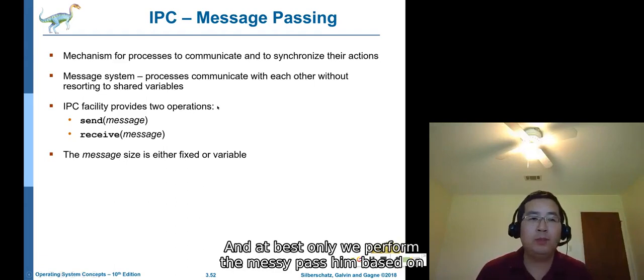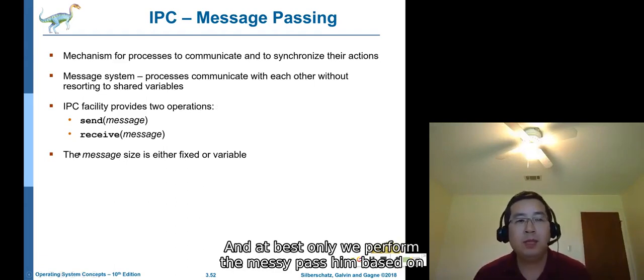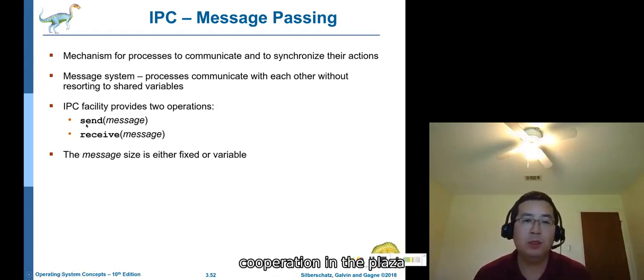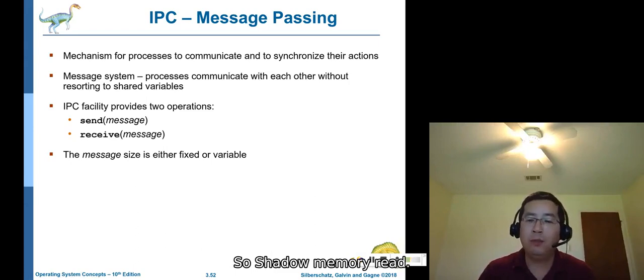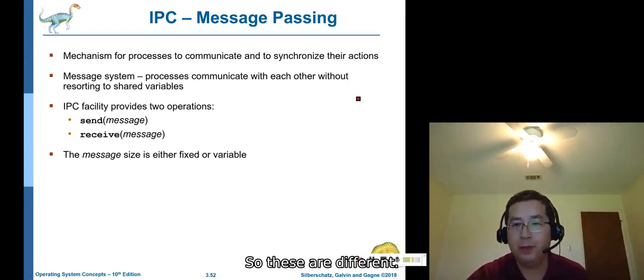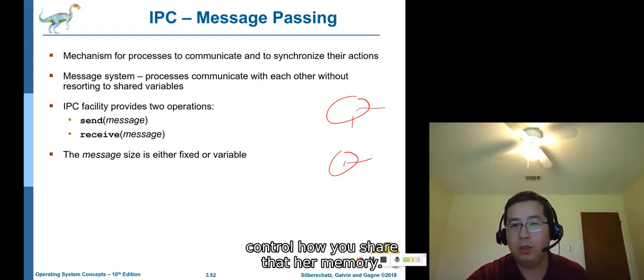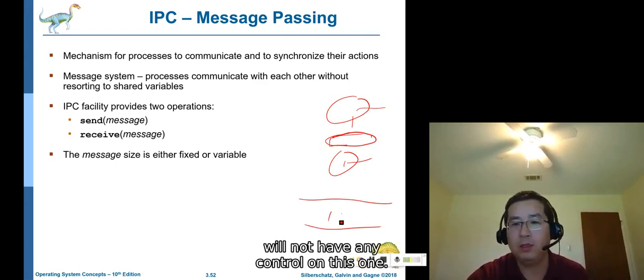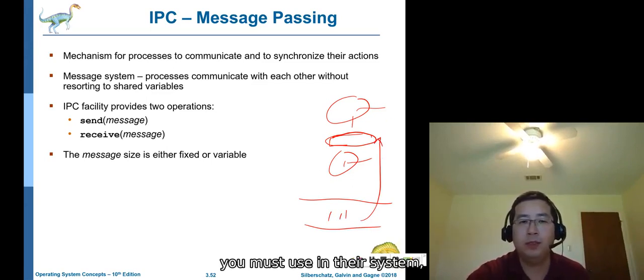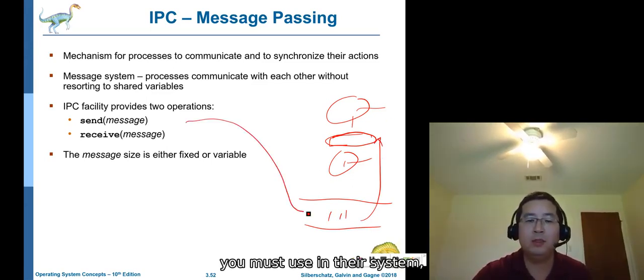Basically we perform message passing based on two operations, and as I mentioned before, we will use some system calls. Shared memory is different, because you need to control how you share that memory and the operating system kernel has no control over it. But here you must use the system call.